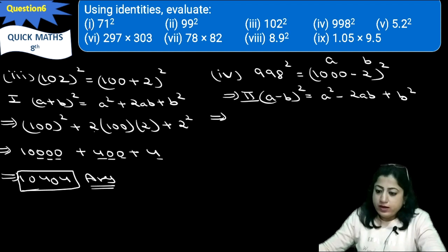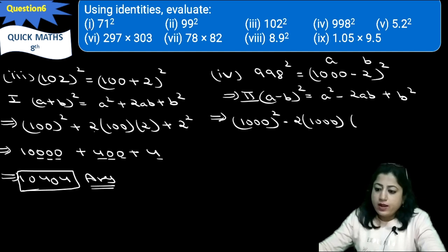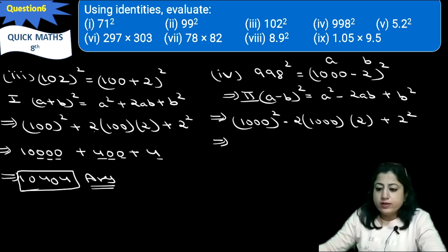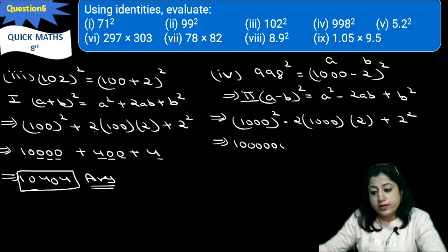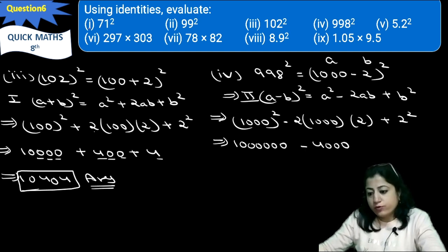So put these values. A is 1000, so 1000 square, minus 2, a is 1000 and b is 2, plus 2 square. So 1000 has 3 zeros and square of it will be 6 zeros. So it will be 6 zeros minus 2 into 2 into 1000, 4000, plus 2 square is 4.